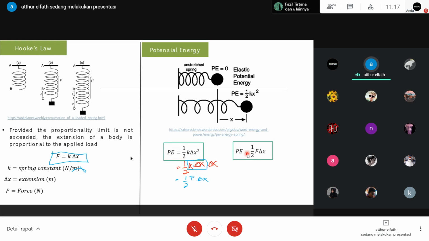Yeah, like conditional. Okay, but both of these formulas depend on the extension or maybe the compression. Remember, if the condition of the spring is without extension, this means the potential energy always equals 0.